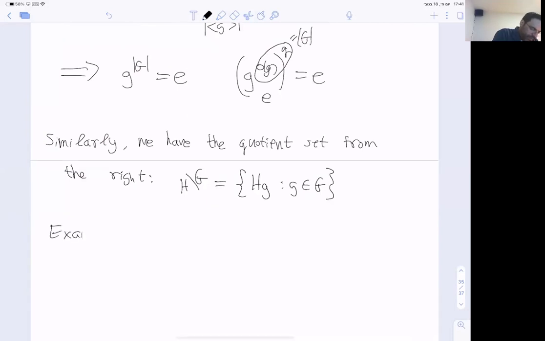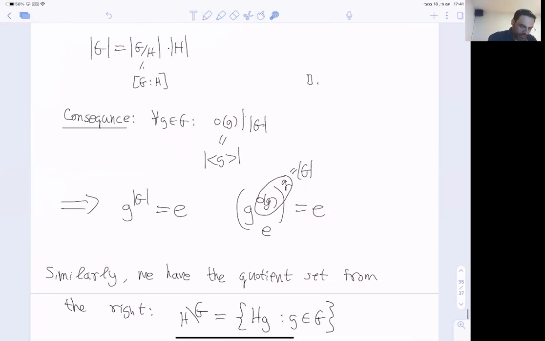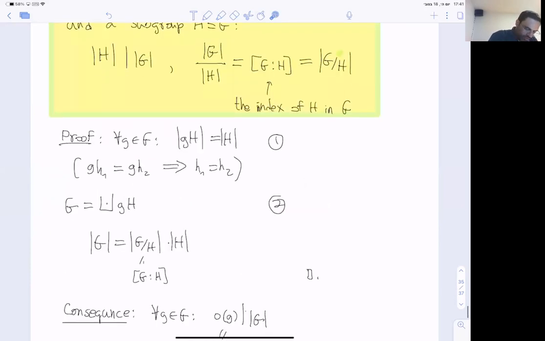The proof of Lagrange is exactly the same with this also. So we can write it in Lagrange. This is also equal to G modulo H. This is the same.